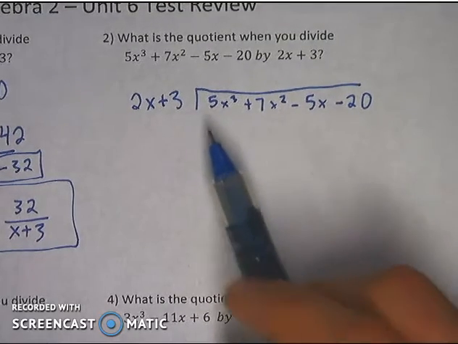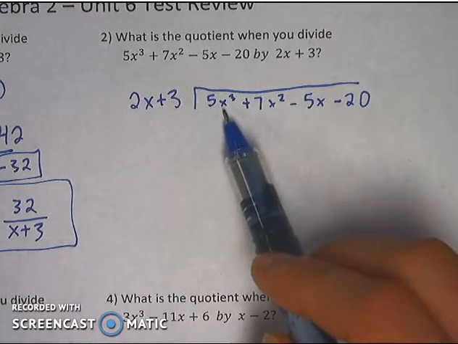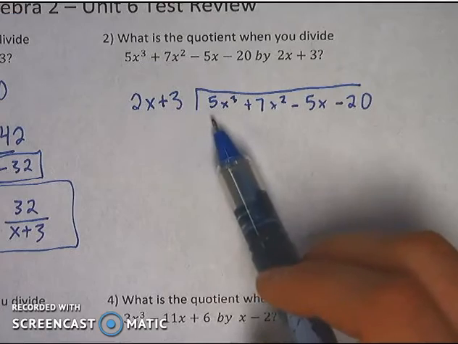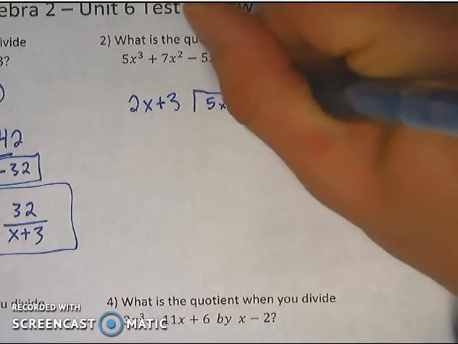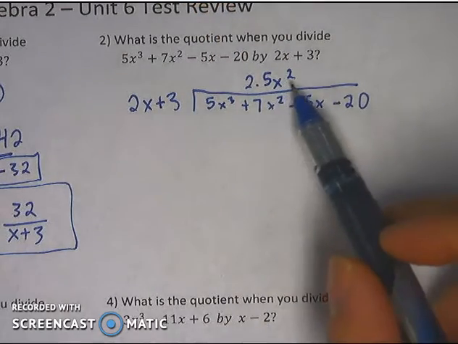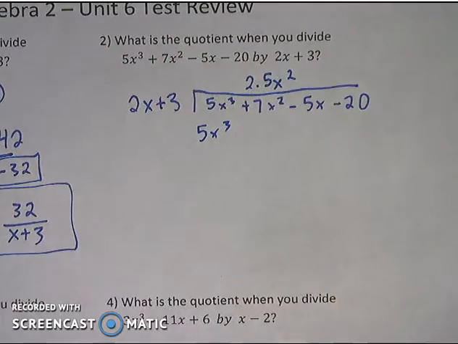So the first question you should ask yourself, how do you turn a 2x into a 5x cubed by way of multiplication? What times 2x equals 5x cubed? Well, that's 2.5x squared. 2.5x squared times 2x is 5x cubed, which was what we were trying to get.